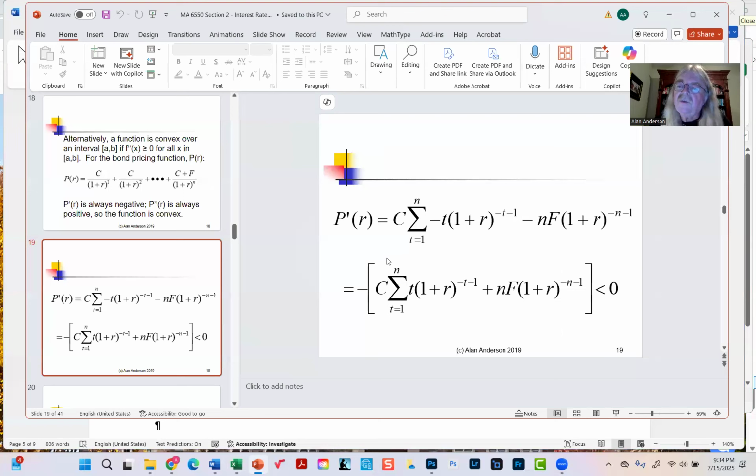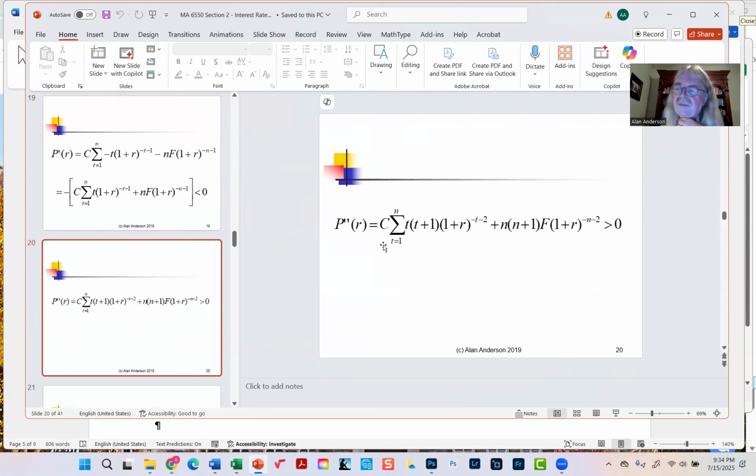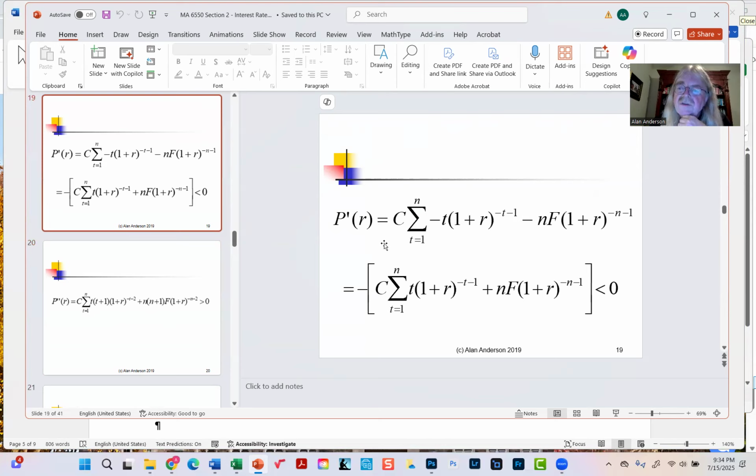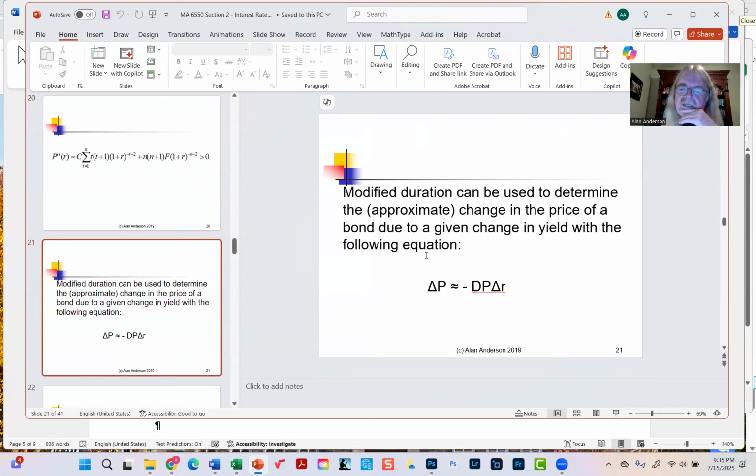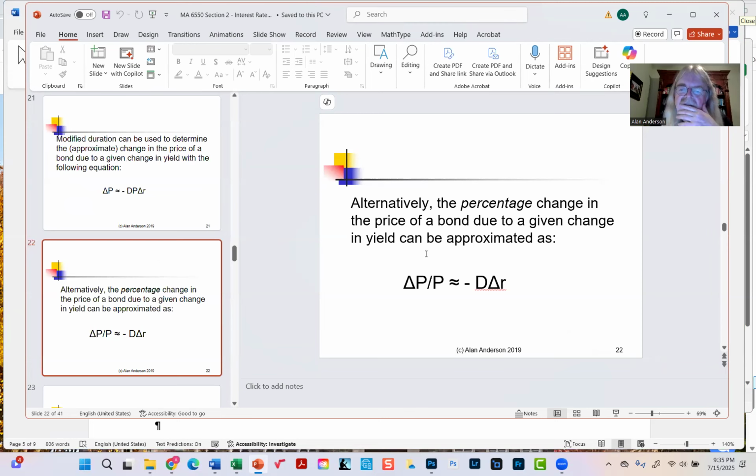It's a lot of work, but it was worth it. So you can see the first derivative of this pricing function is guaranteed to be negative, which is what we'd expect. And then the second derivative is guaranteed to be positive. In fact, you could use these two derivatives to come up with the convexity measure and the duration measure instead of what we were just doing. I have a feeling this would be a lot more work, though. Anyway, so this is where these just came from.